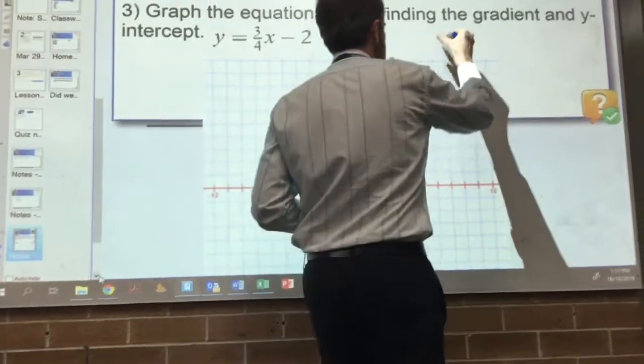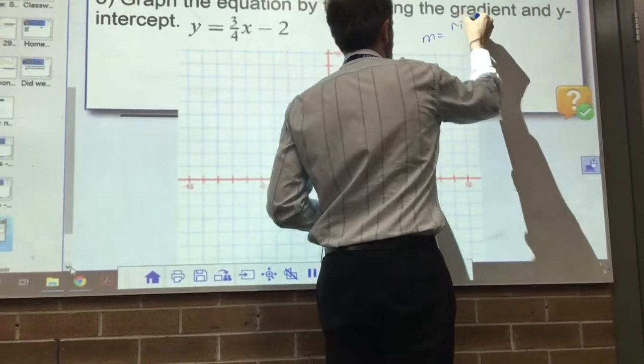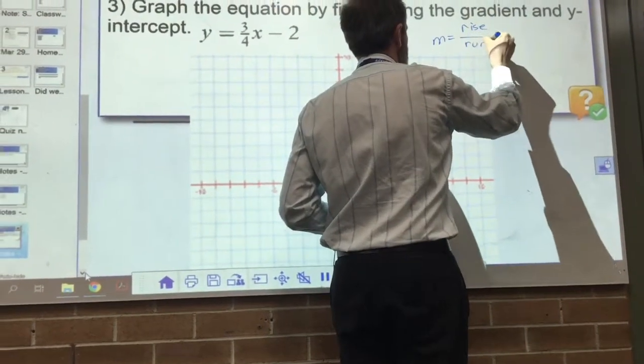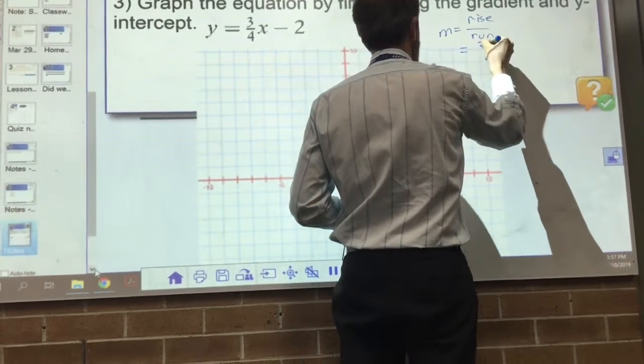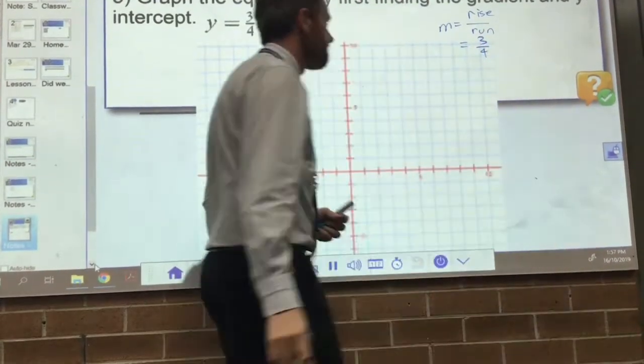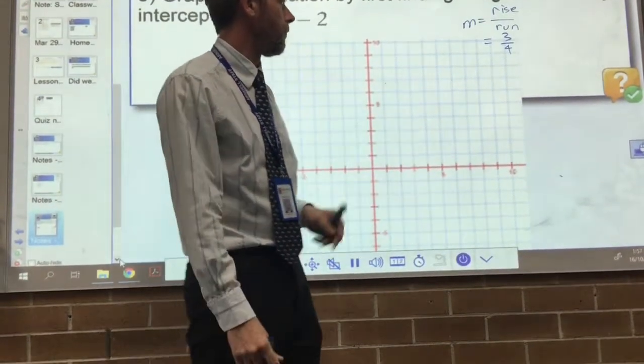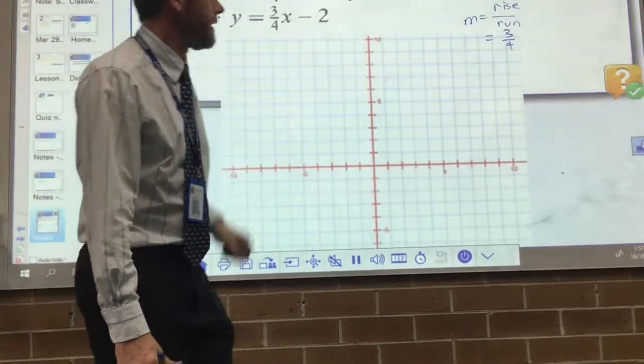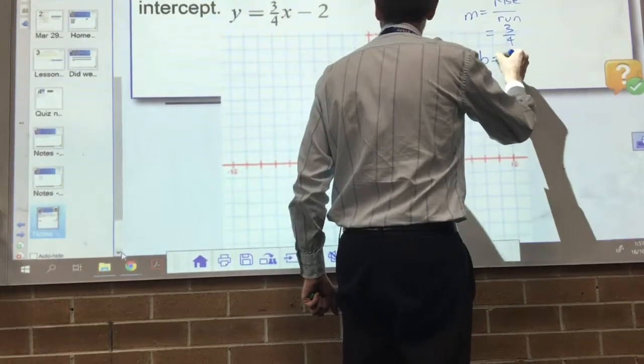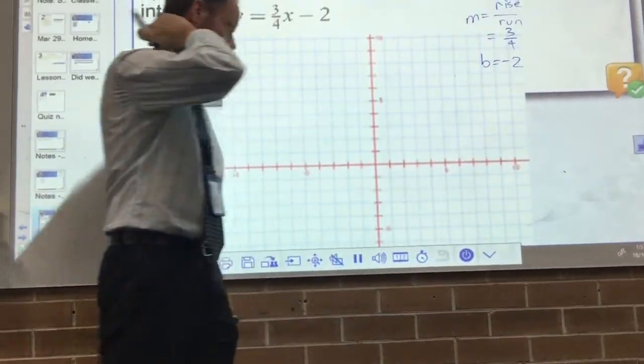So, in this case, m is equal to rise over run, or 3 over 4. That means I go up 3, I go across 4. But my y-intercept, b, is equal to minus 2.